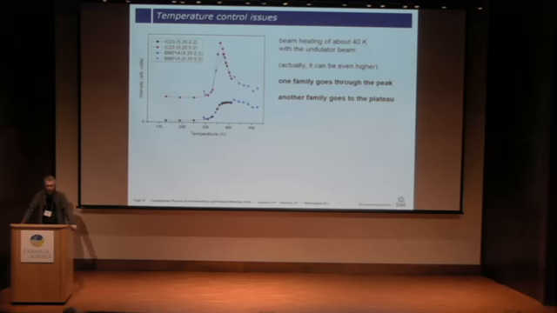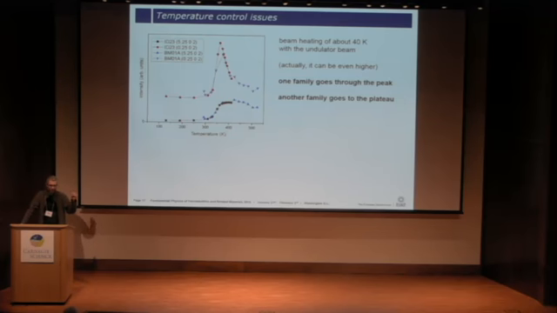Because if you go to an undulator beamline, be aware you can heat your sample by a few tens of degrees. In this case, it was 40 degrees of heating. And it's not the worst situation. For PMN, we had heating up to 100K. So you really have to take care about independent control of temperature.